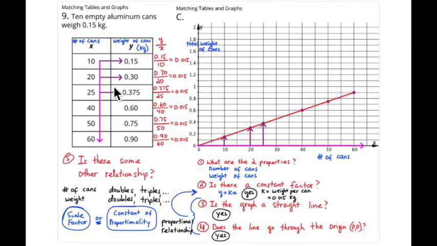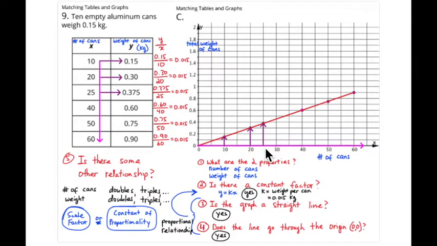Now to graph it, you're going to graph the x value first. You're going to figure out, okay, I have 25 cans. You're going to move along the x-axis to 25. You're going to figure out what that weight is using the equation, multiplying 15 thousandths times 25, and you're going to figure out that that's 375 thousandths.